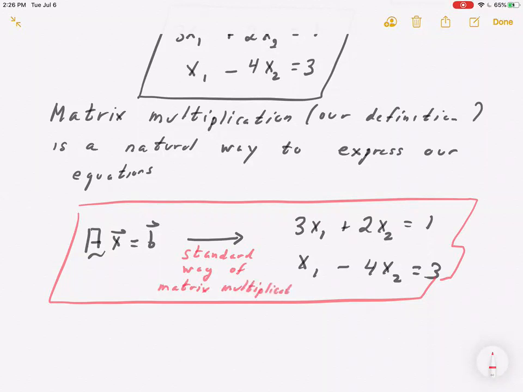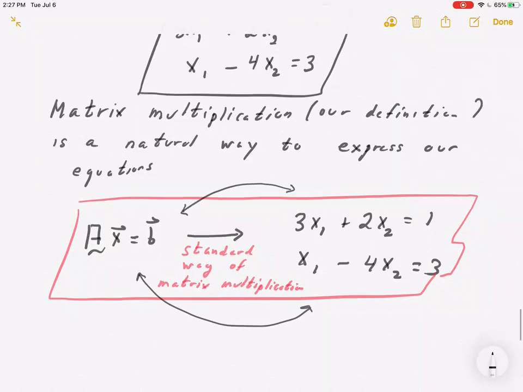So just writing this matrix multiplication down is useful. We've done that in previous examples, but we see now why we did it that way. We do it that way because it, in fact, is a very convenient way to go back and forth between the general matrix equation and specific systems of linear equations. Okay.